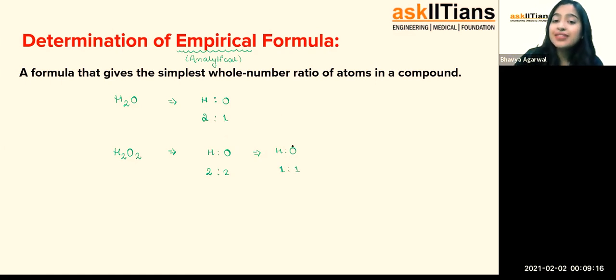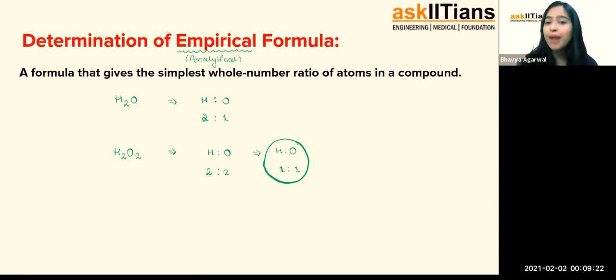Now, it is this simplest form, or the simple whole number ratio in which the atoms exist in a compound, that is your empirical formula or the empirical ratio. So when I rewrite it, it is written as HO.